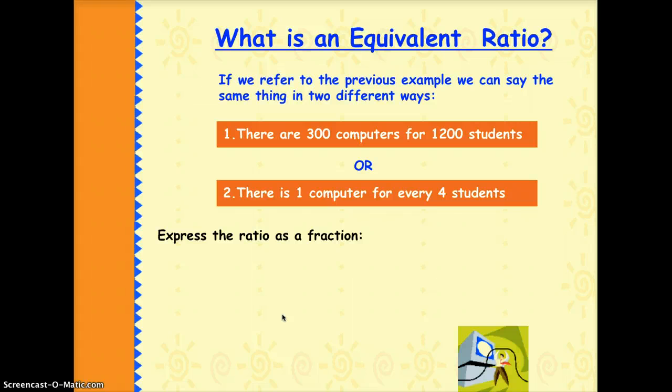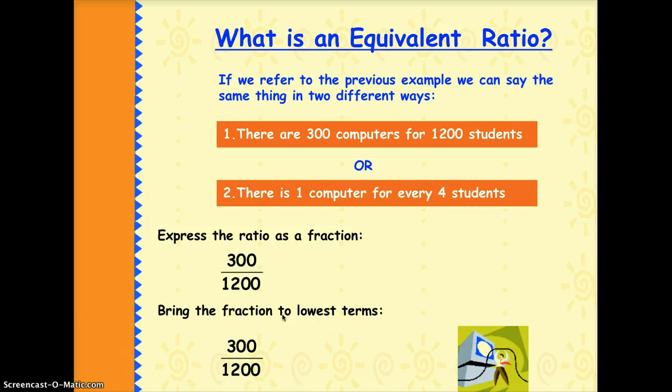Let's express the ratio as a fraction. Looking at number 1, we have 300 out of 1,200, or 300 is to 1,200. If we reduce this to lowest term, as you have been doing in fractions, this 300 over 1,200 is also equivalent to 1/4.